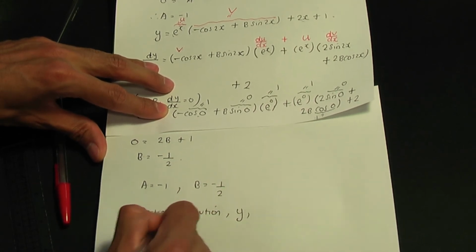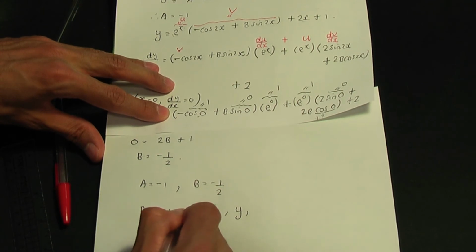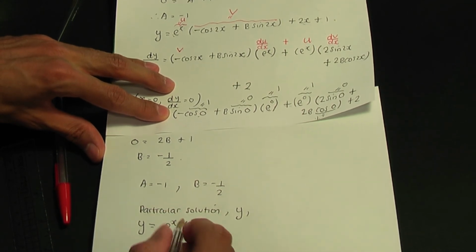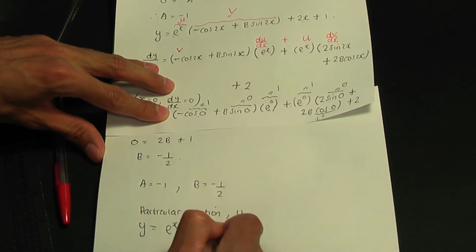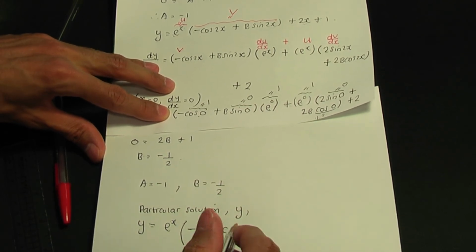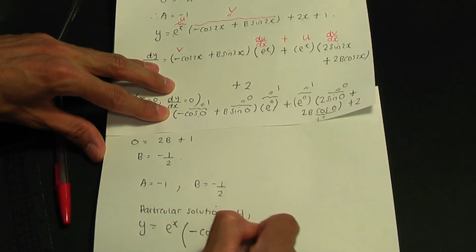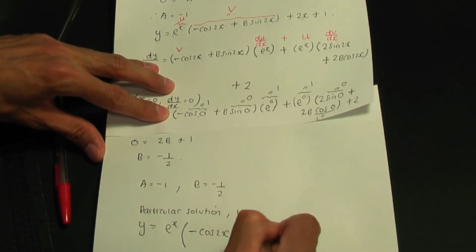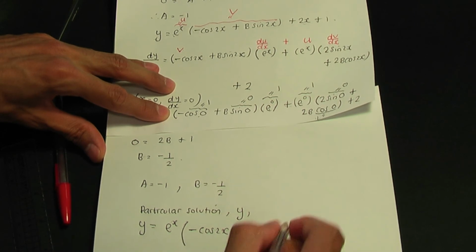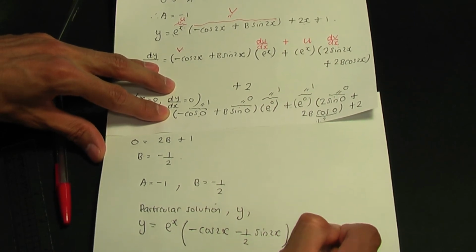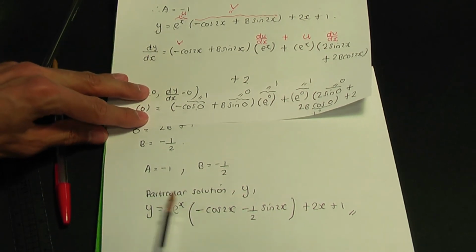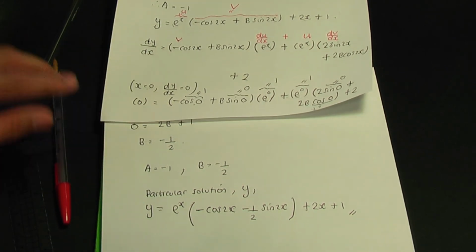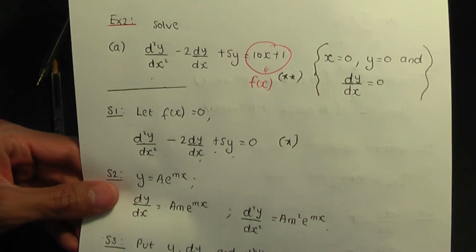So the particular solution y will then be e to the power of x, open a bracket, a is minus 1, so minus cos 2x, b is minus half, so minus half sine 2x, close the bracket, plus 2x plus 1. So that is your final answer, your particular solution for this second order differential equation.